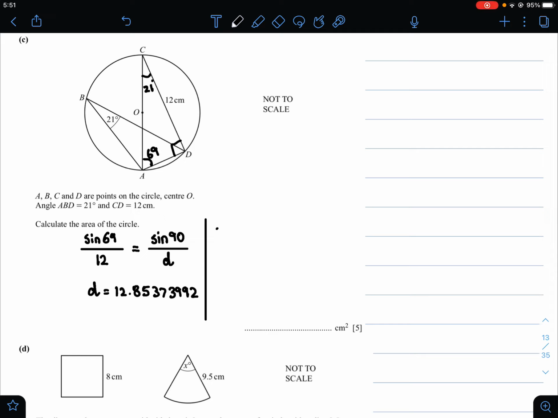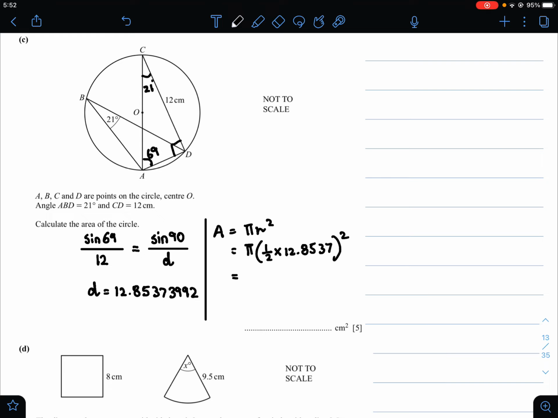So the area of a circle is pi r square. So we can write that it is pi half multiplied by 12.8537, the whole thing square. So now again you just need to input this calculation into your calculator.